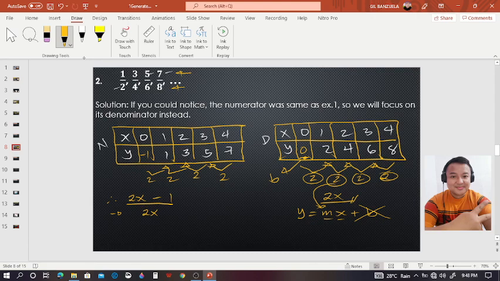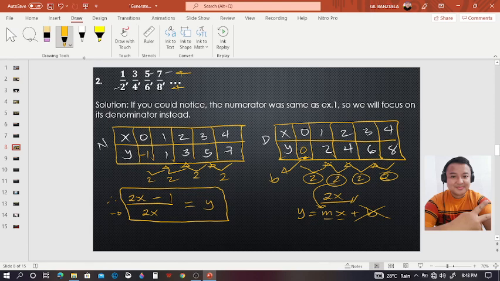And this is our rule in this example or exercise. So therefore, 1/2, 3/4, 5/6, 7/8, etc. in this sequence is under the rule of y equals (2x minus 1) all over 2x.